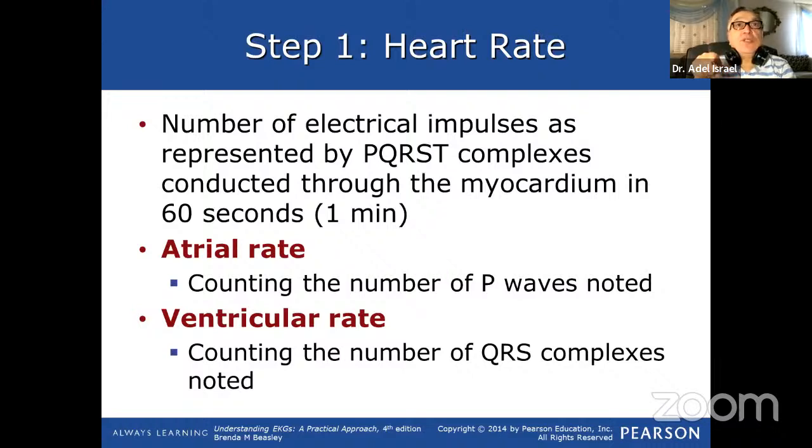Because in future lectures we will find that the number of P waves exceeds the number of QRS, which is a serious condition, like atrial fibrillation or heart block. Normally they should be equal to each other. When I count this, it will be equal to the QRS complexes.